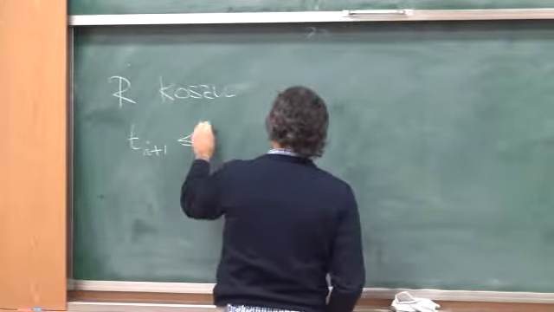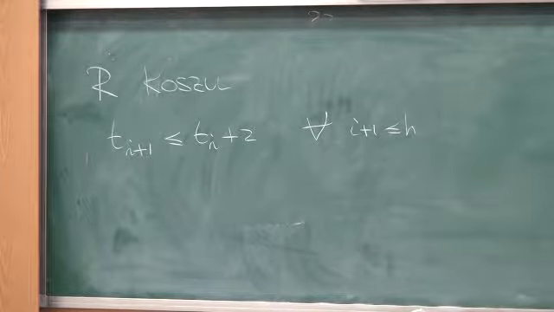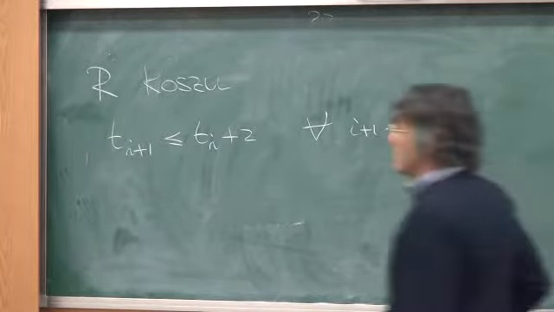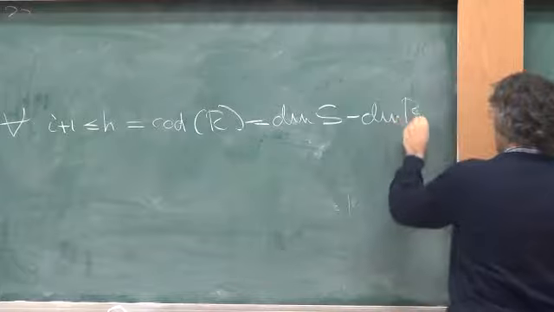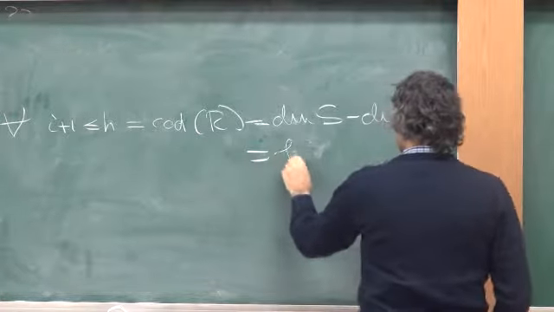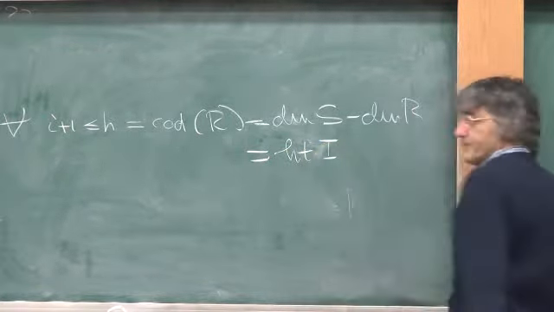It was exactly that statement over there. The codimension of R means the dimension of the polynomial ring minus the dimension of R, or if you want, the height of the ideal.